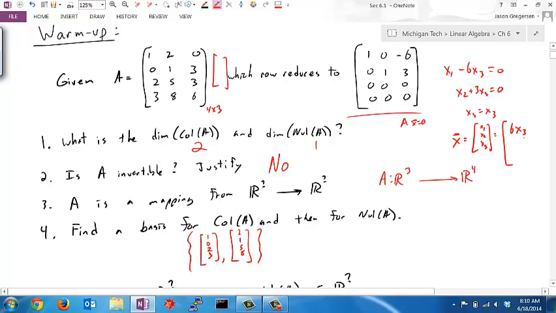And when I solve for x2, I'll get minus 3x3. And x3 is just x3, my free variable. So it looks like a basis for my null space will be the vector (6, -3, 1). I can see that my solution is any multiple of that vector.